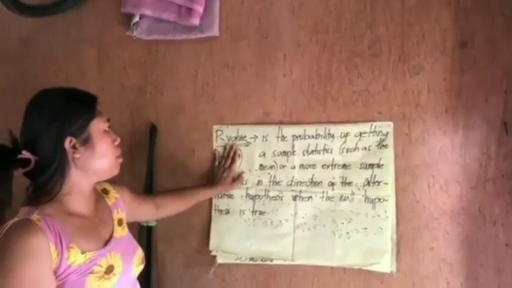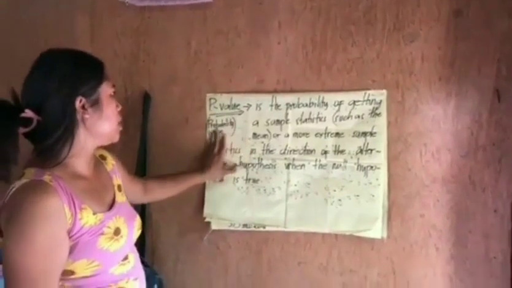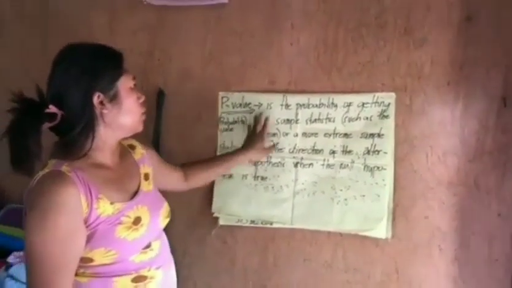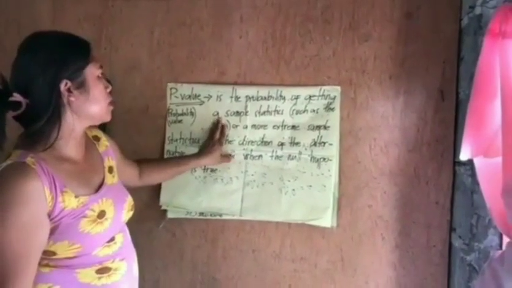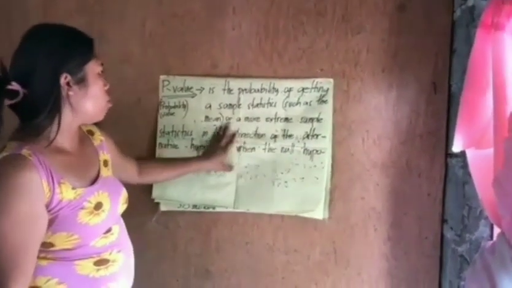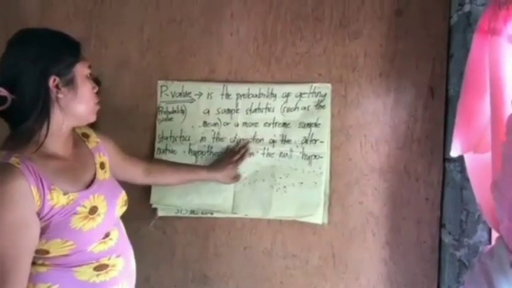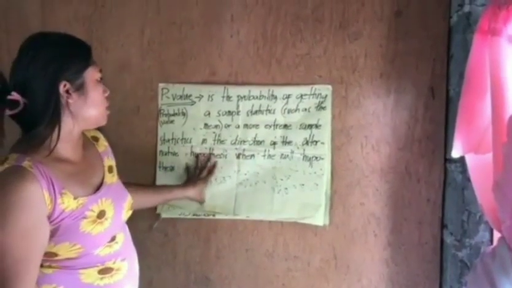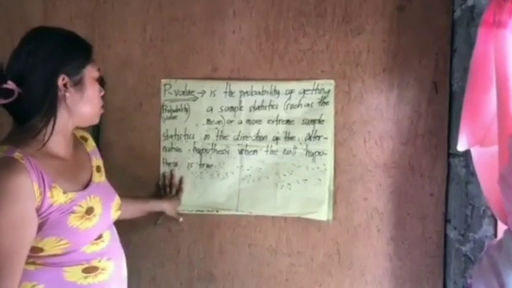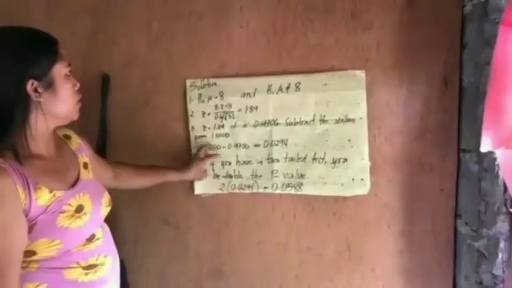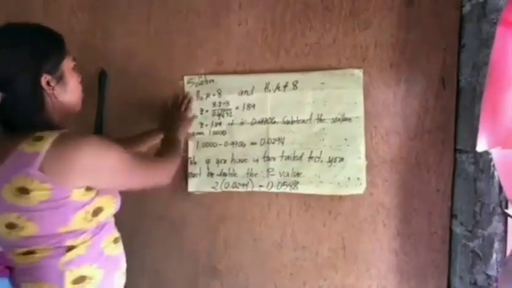Next is the p-value. P-value means probability value. This is the probability of getting a sample statistic or a more extreme sample statistic in the direction of the alternative hypothesis when the null hypothesis is true. This is the solution of the p-value.